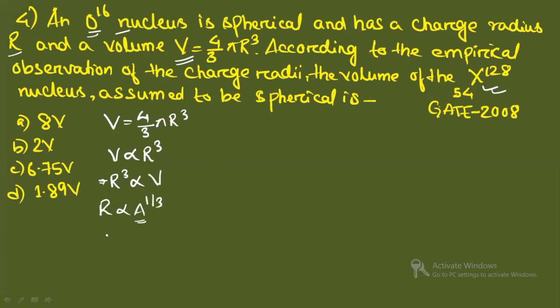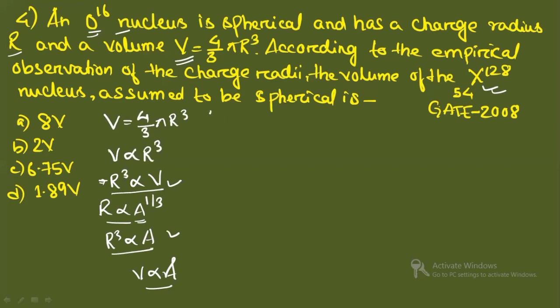From this you can write the cube of radius is proportional to A. So when you see these two equations, you can conclude that the volume is proportional to the mass number A. Yes or no?